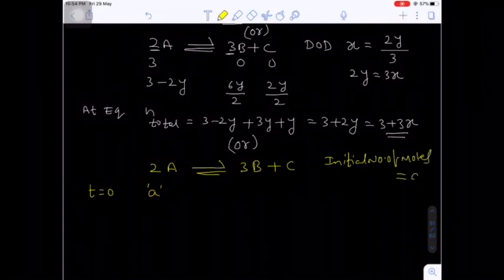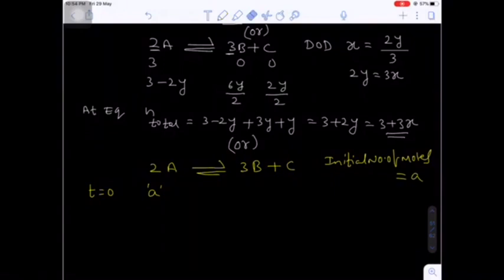So I am taking small a as the initial number of moles of the reactant.